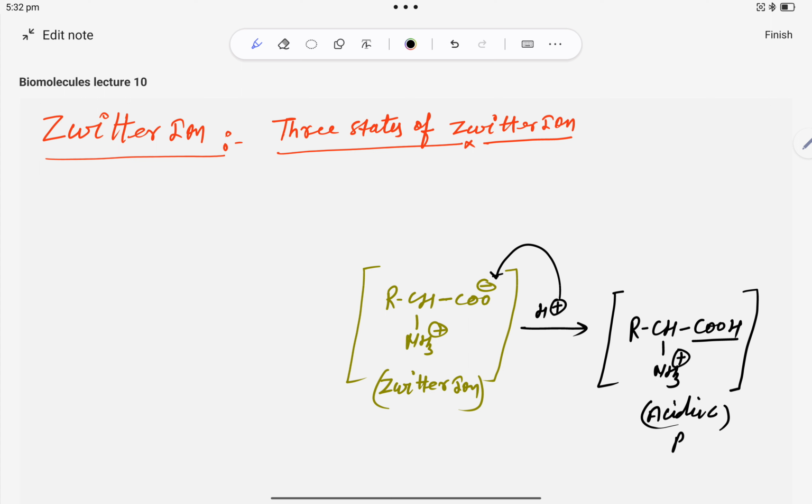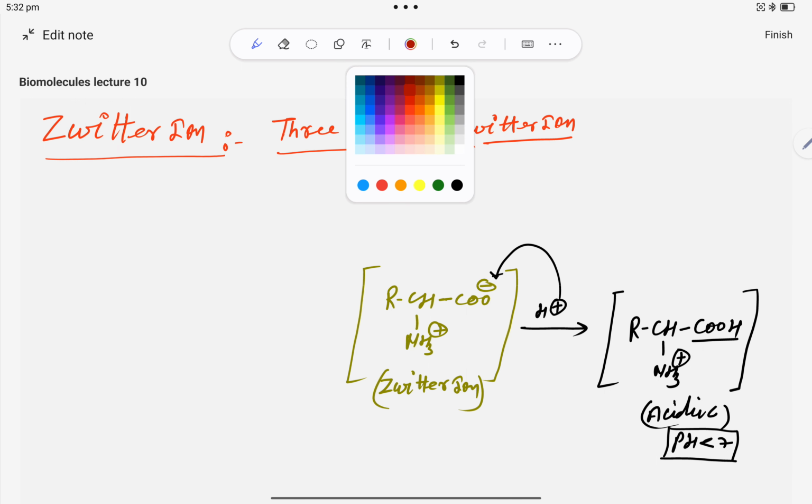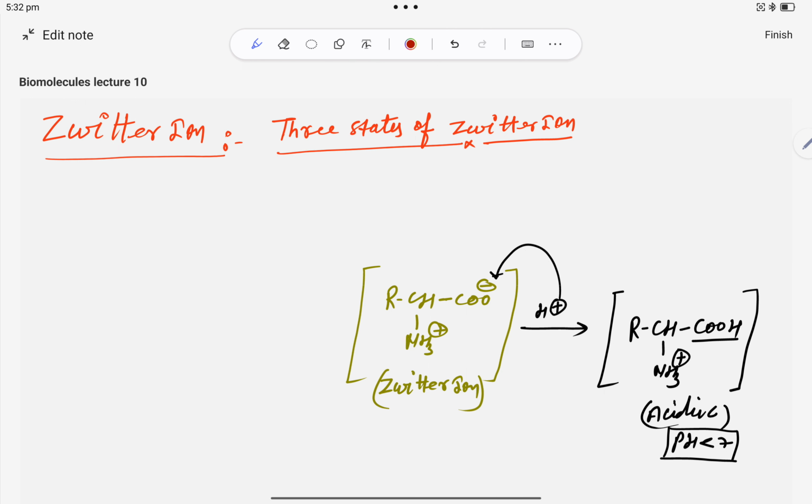Then pH is less than 7. At the same time, if you are doing the electrolysis of this solution, then what happened? Here positive sign, negative sign.